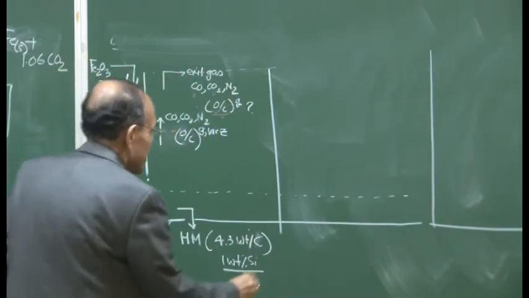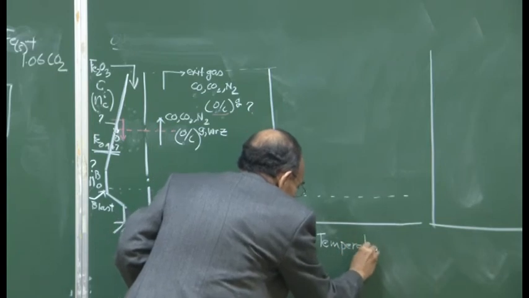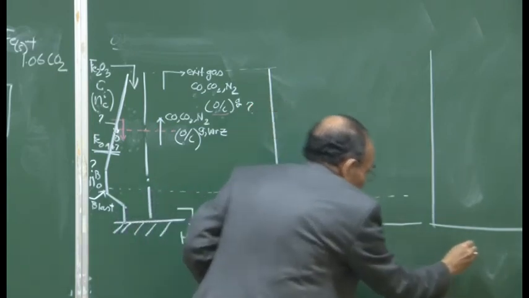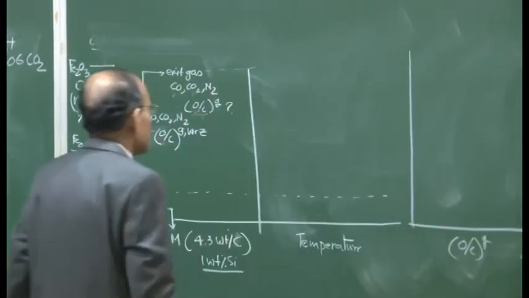So, we want to plot temperature, and we want to plot O by C of the gas as a function of blast furnace height. That is what we are trying to do.